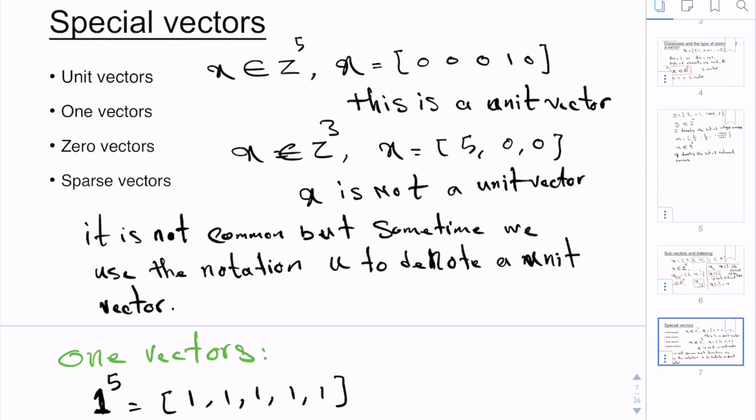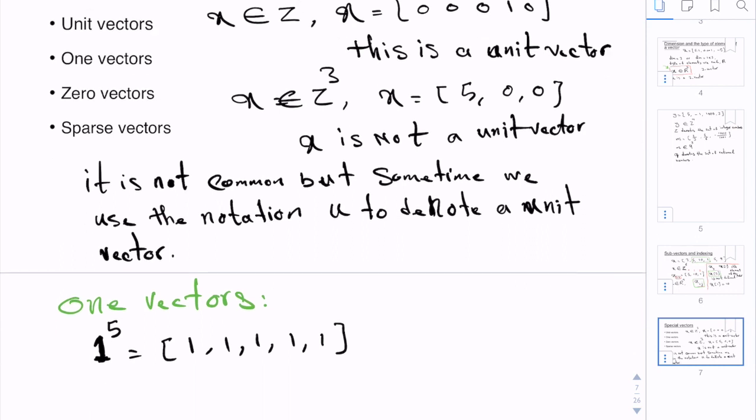Sometimes we don't specify the dimension of that vector, so we use the boldface notation of 1 to denote a one vector. The one vectors have lots of applications.